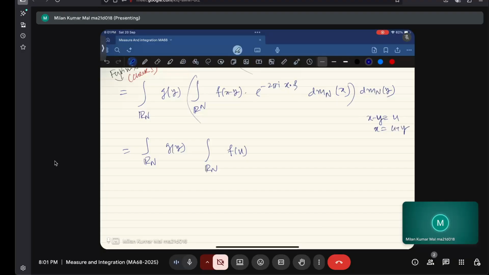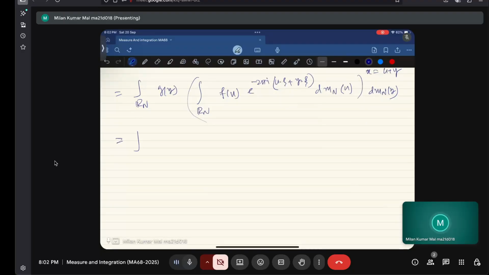So e to the power minus 2 pi i x dot xi becomes u dot xi plus, this is component wise addition, y dot xi. dmn x converts to dmn u, whole into dmn y.